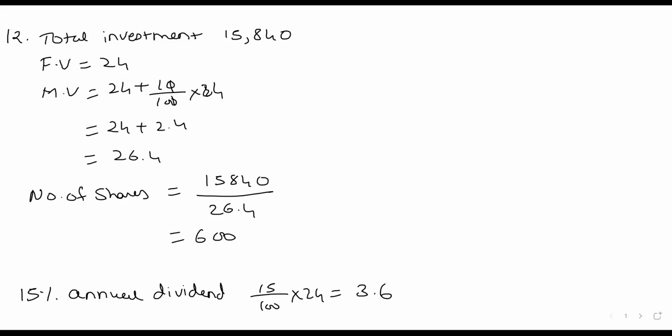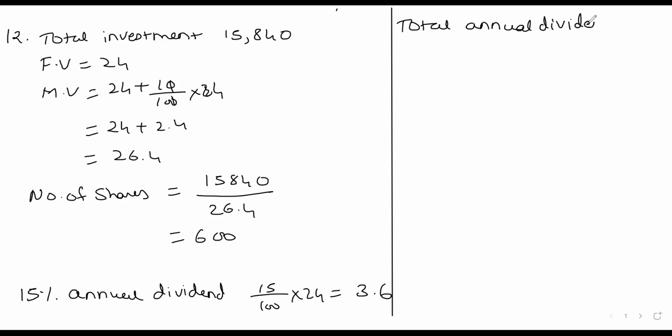So total annual dividend is 600 into 3.6. Is 2160. And next, the rate of return from our investment.